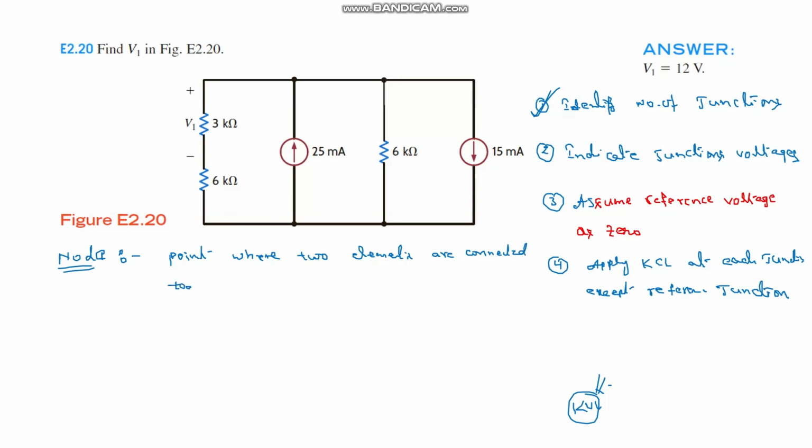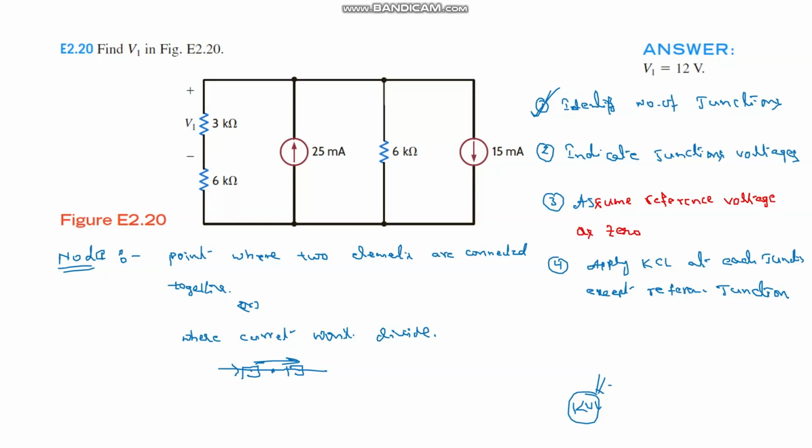Or we can say it is a point where current will not divide, meaning the current passing through the first element and through the second element is the same. That point is called a node. At a node, current won't divide.